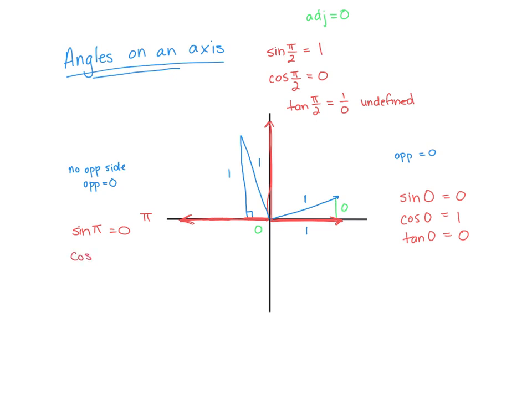For cos, my adjacent side would have a length of 1, except since we're on the negative x-axis, it would be a negative 1. And tan, since tan is opposite over adjacent, and our y value is 0, tan of pi would be 0.